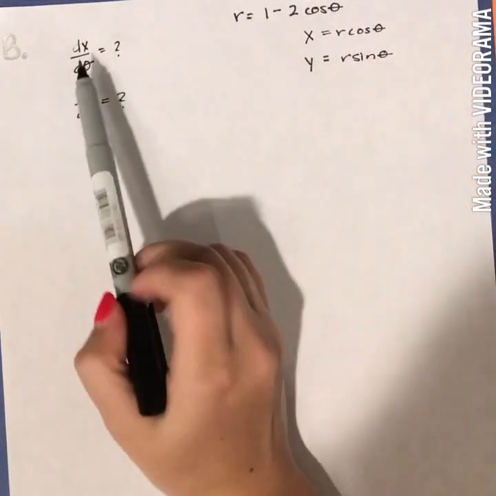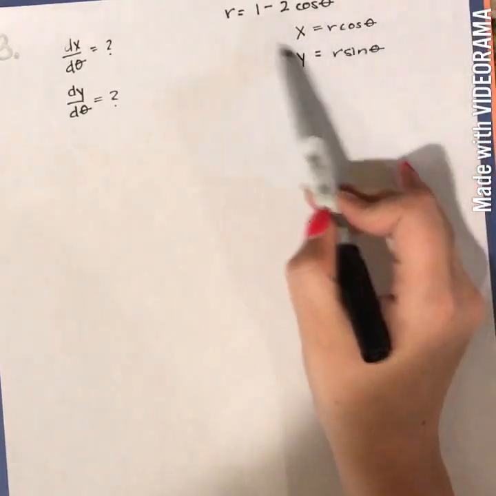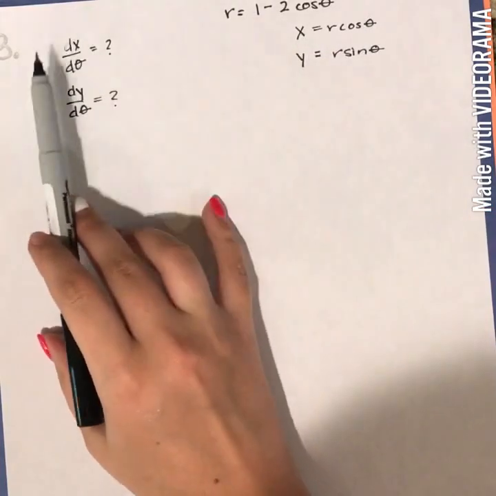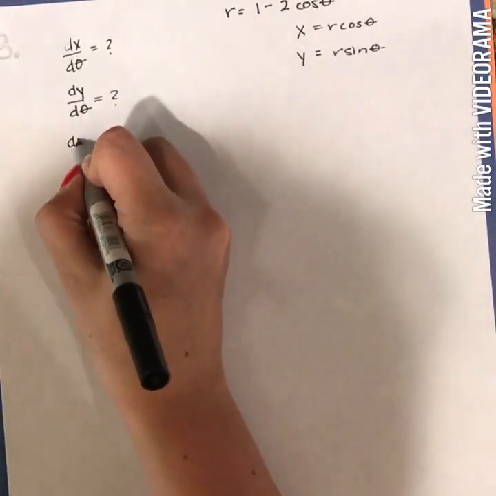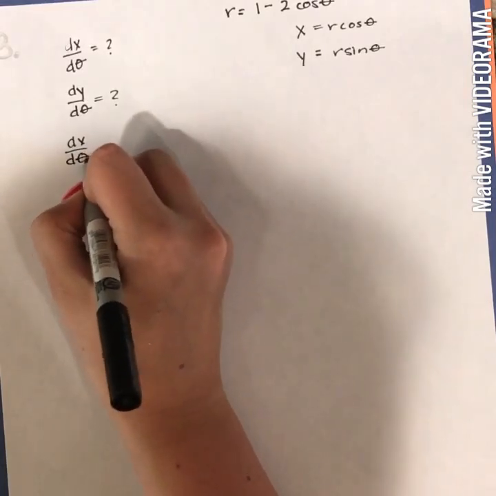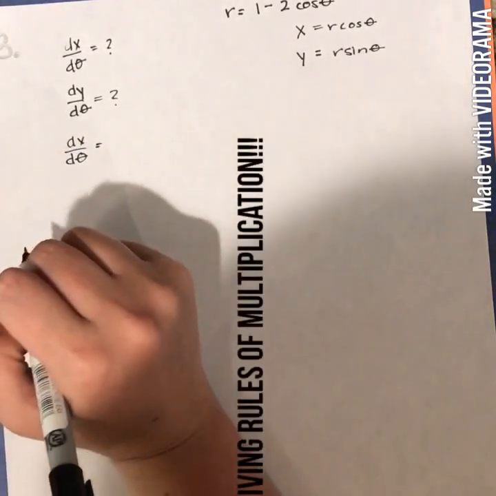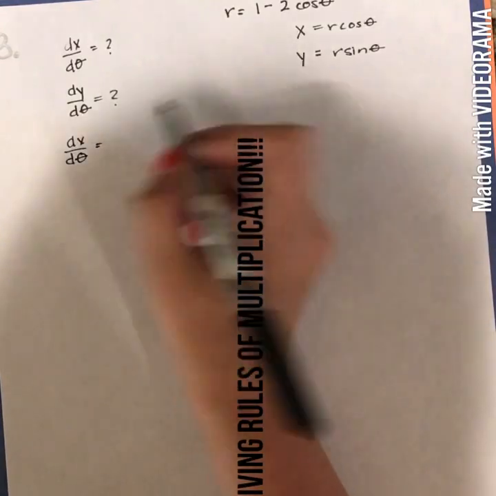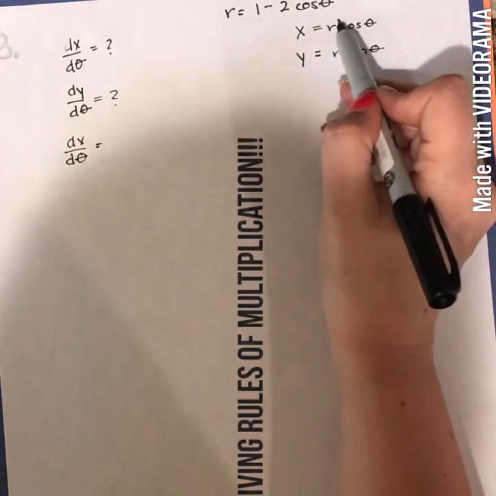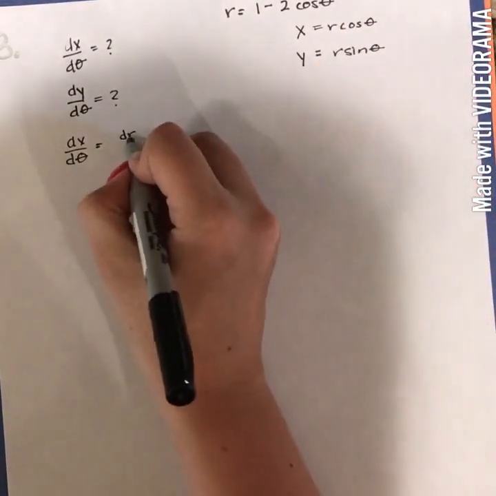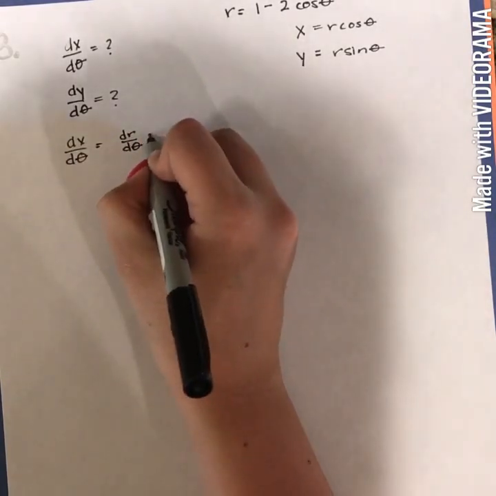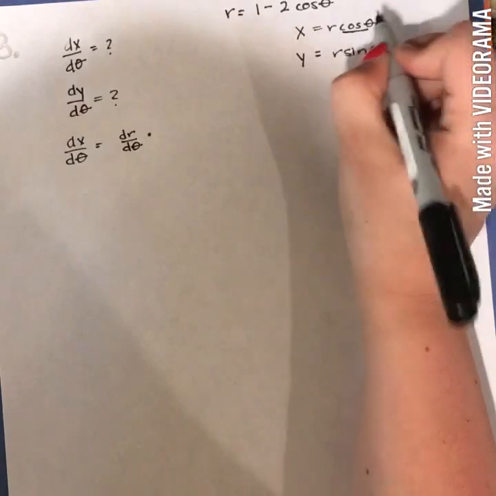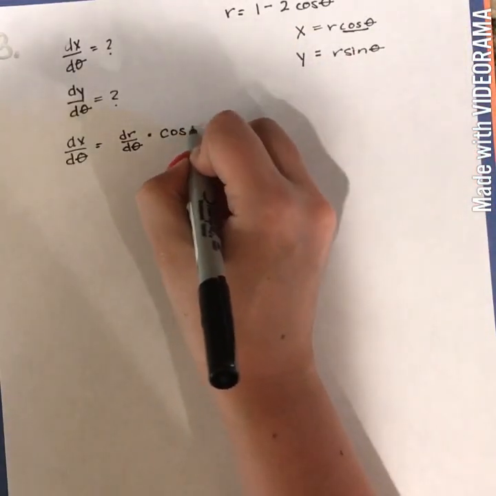So let's just take a step back really quick and remember that x in terms of r and theta equals r cos theta, and y in terms of r and theta equals r sine theta. So basically looking at this, you want to take this function right here and turn it into the derivative for this. So that's really going to look like dx d theta equals, and if you look at this, we're going to take the derivative of r, which is dr d theta, and then times just this right here, cos theta.